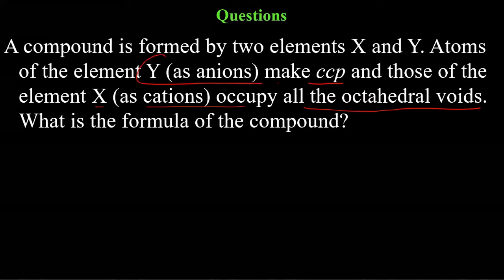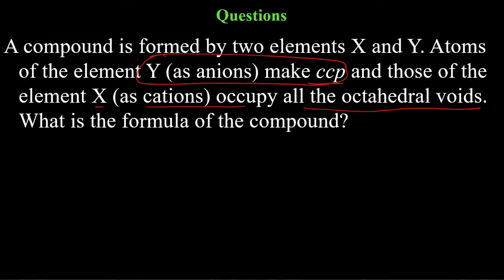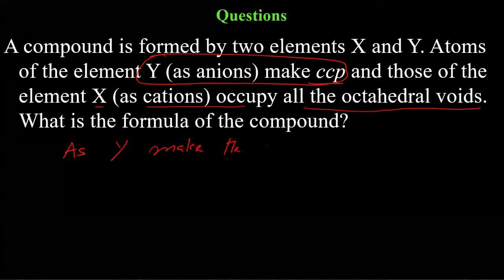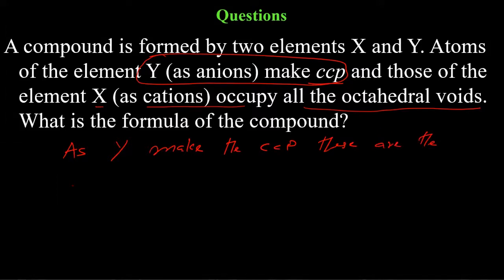So Y is actually N. Atoms of Y make the CCP, these are the lattice points, or structure spheres.